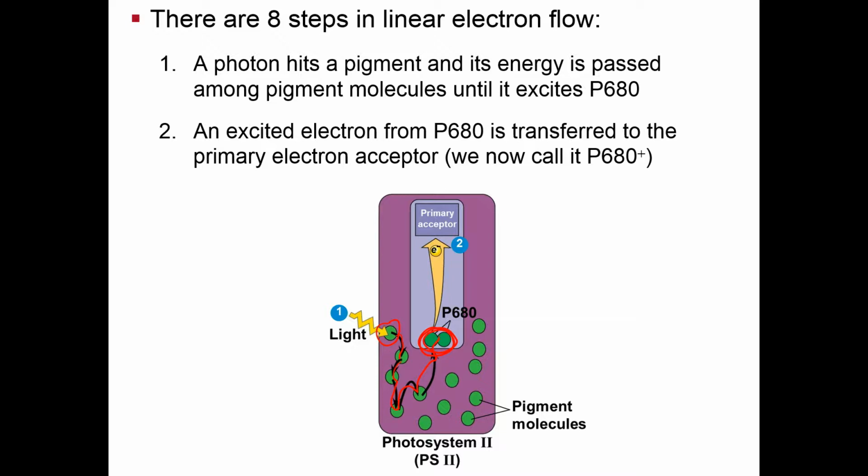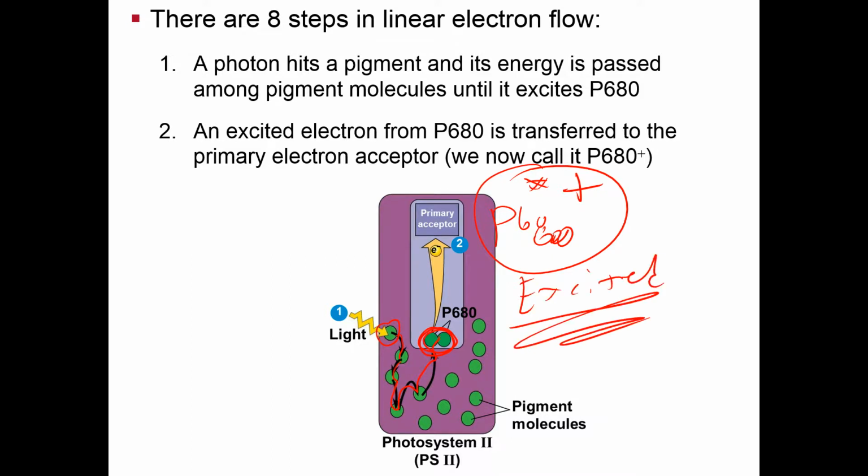So when this P680 reaction center is excited, it becomes P680*, we'll star it, plus. It's gained electrons. Now this is excited.